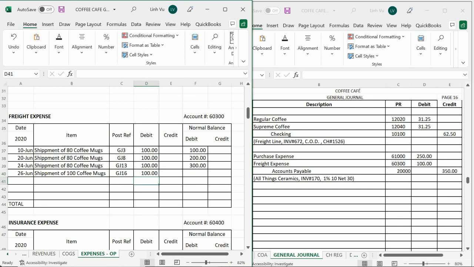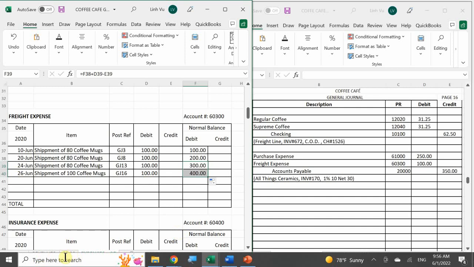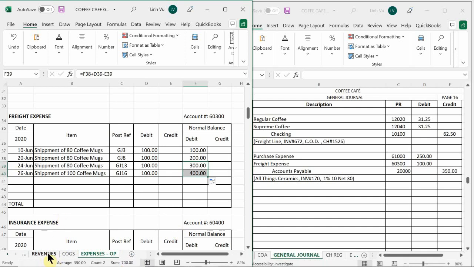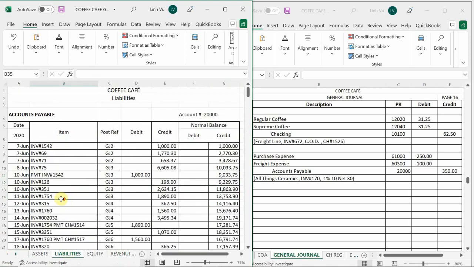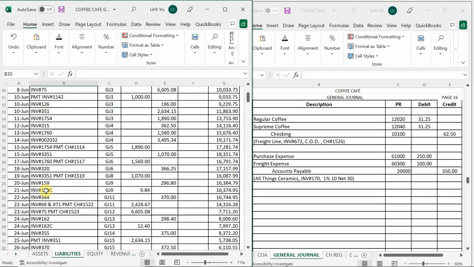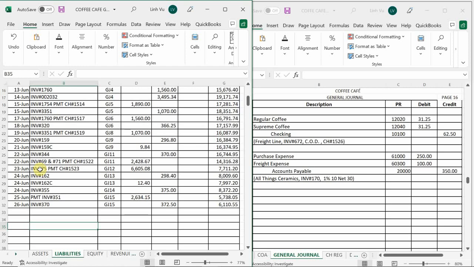So in this case, it tells me I should have $400 in my freight expense account. And of course, because I received a bill and I chose to not pay it yet, I've once again increased my liabilities.